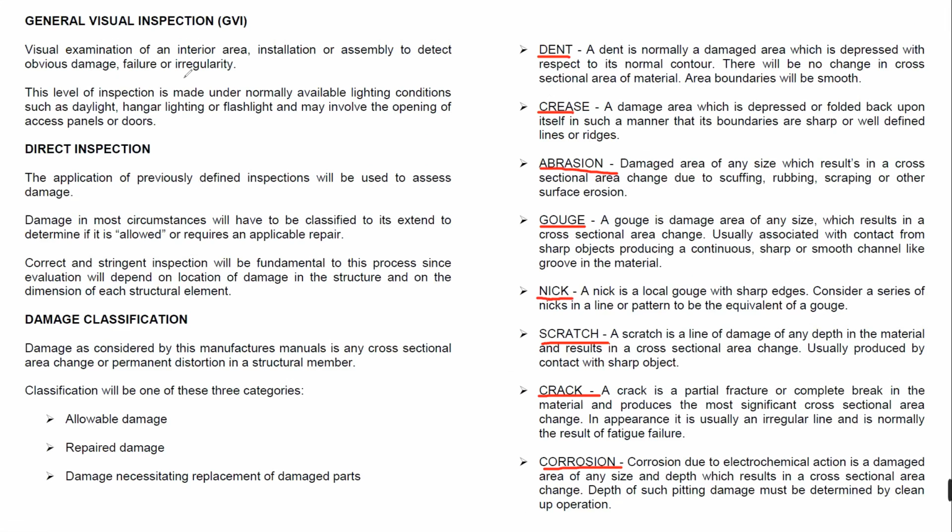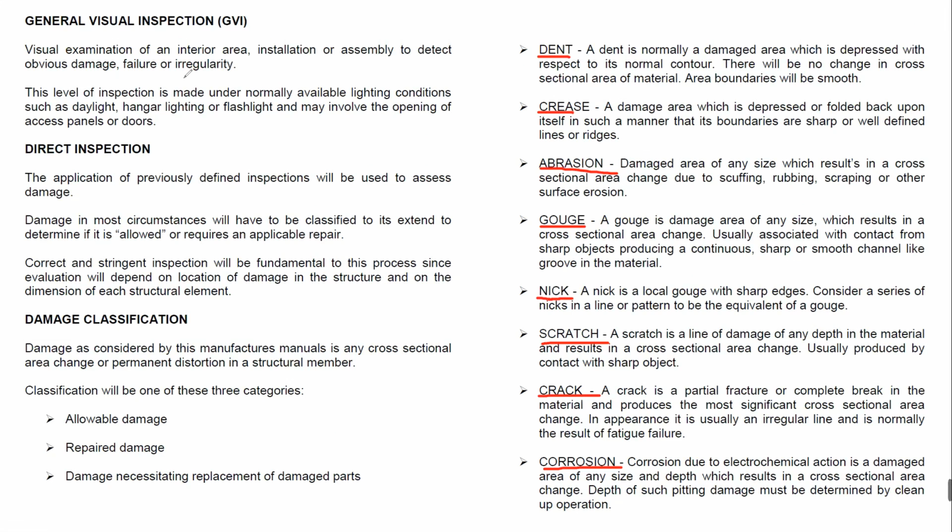For example, you know that the windshields and windows are also structures, but you can find corrosion on the window. Yes, you can find a crack. Yes, you can find a scratch.